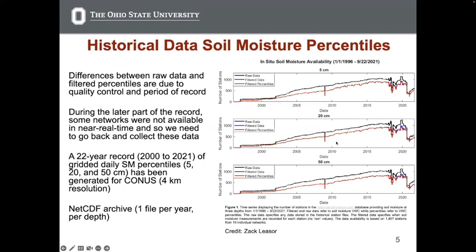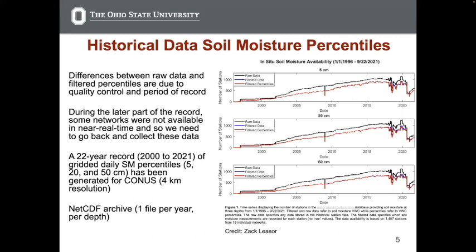One thing that's relatively new, and we need some people to exercise these data, is work that Zach did as he finished up his PhD and started his postdoc: generating this 2000 to 2021 daily retrospective gridded soil moisture.